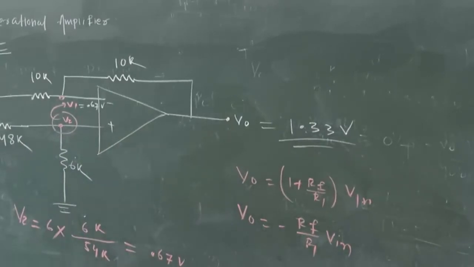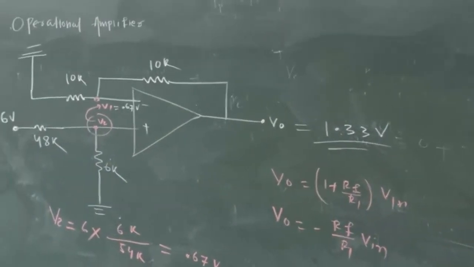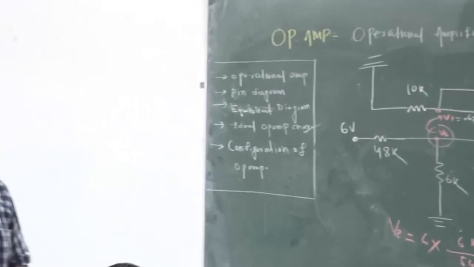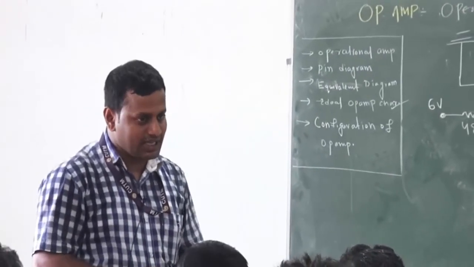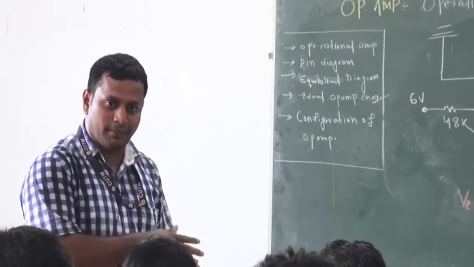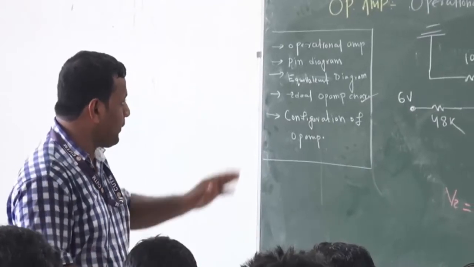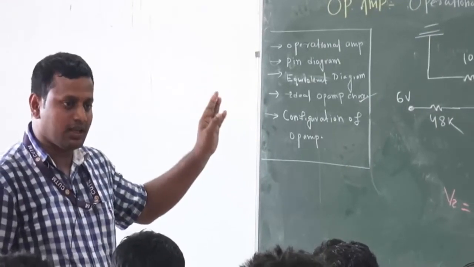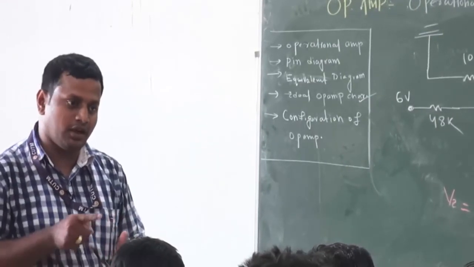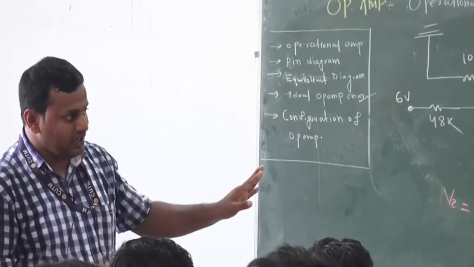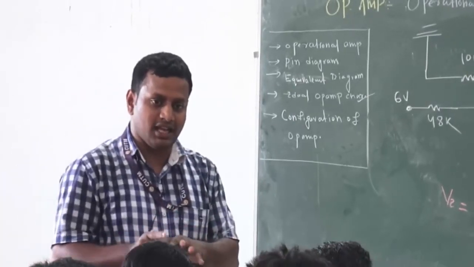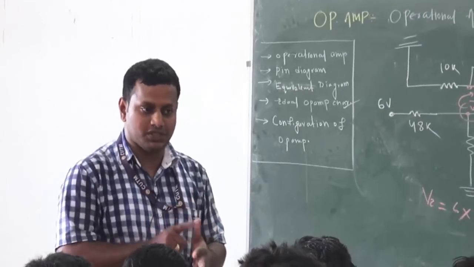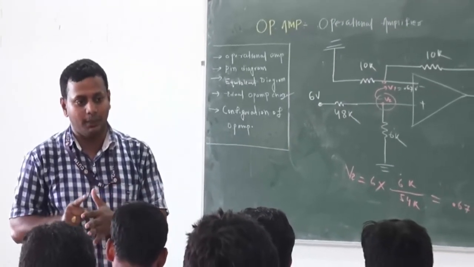In today's lecture, we have discussed why the name is called operational amplifier, because we do some mathematical tasks. Still now I have not discussed the mathematical tasks with the configuration, that is by using the inverting as well as the non-inverting concept, we can do mathematical tasks like addition, subtraction, integration and differentiation.